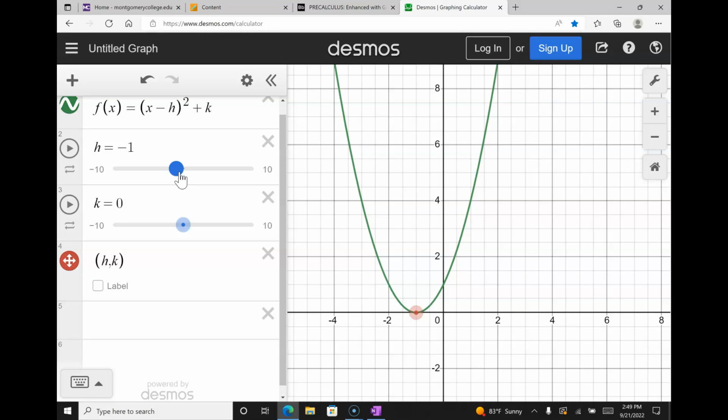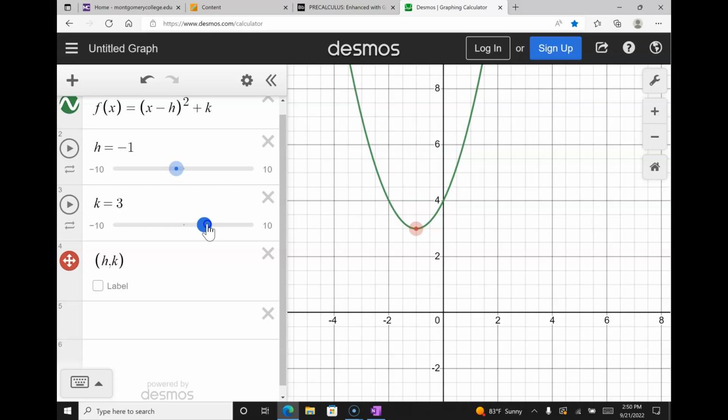I probably should have said x plus h, but it's fine. Because I had x plus 1, right? But I wanted x minus h, so it's got to move the opposite way. If it's interior, it moves inversely. And then I'm going to do plus 3, right? So k is plus 3. So you see, it's just that mother function moved.